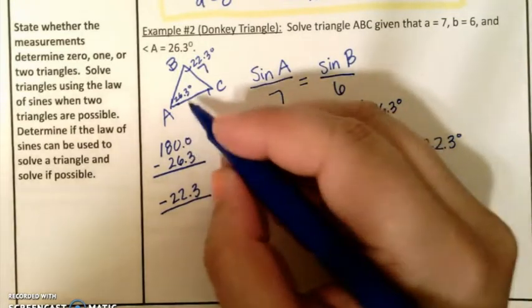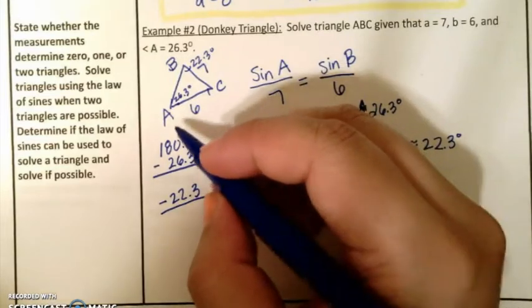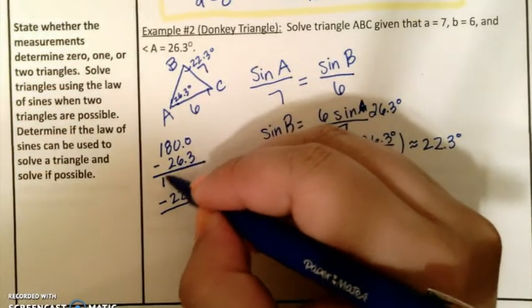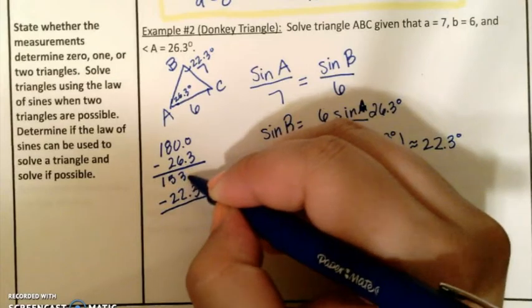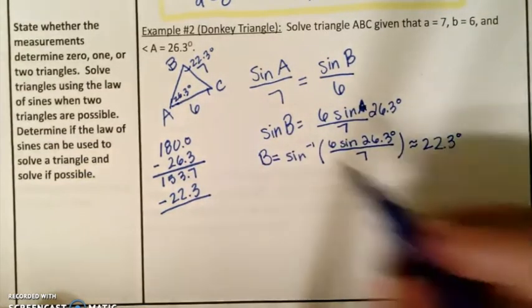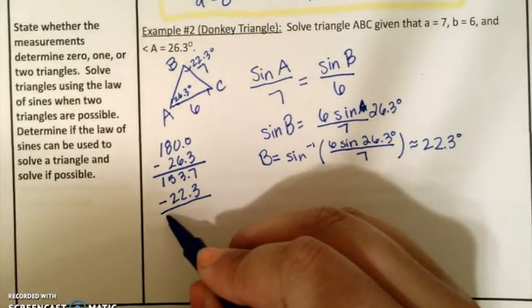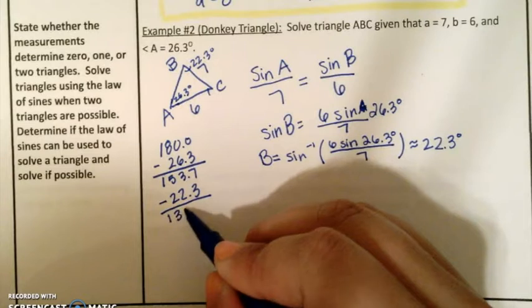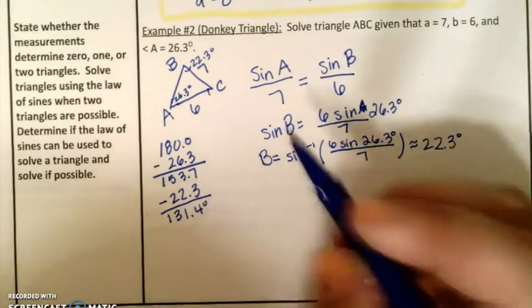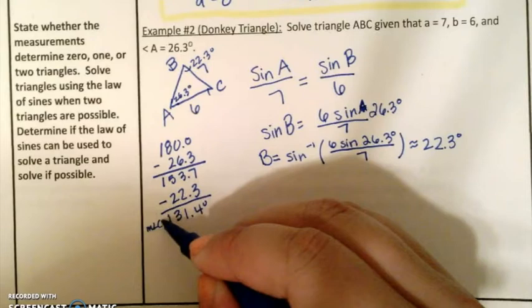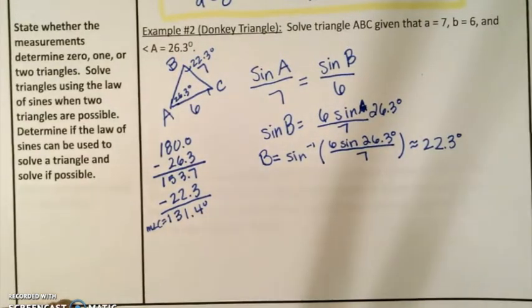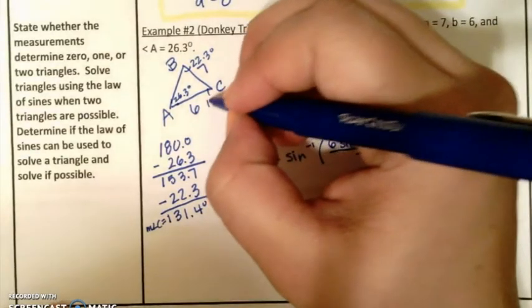So with our placeholder, you'll find that that is 153.7 degrees. And this is 131.4 degrees. So the measure of angle C is 131.4 degrees.